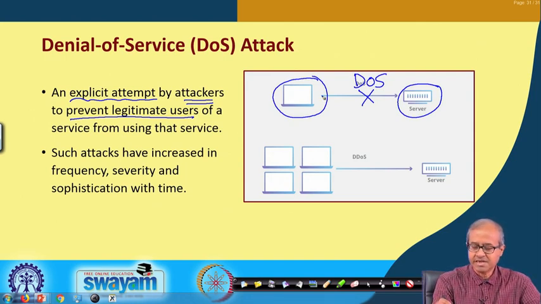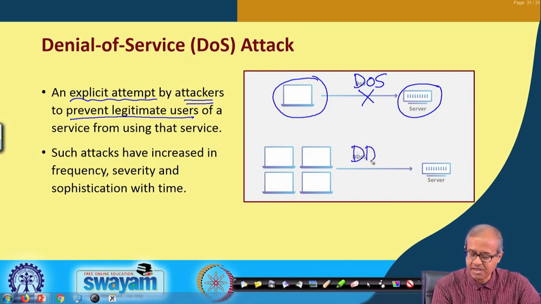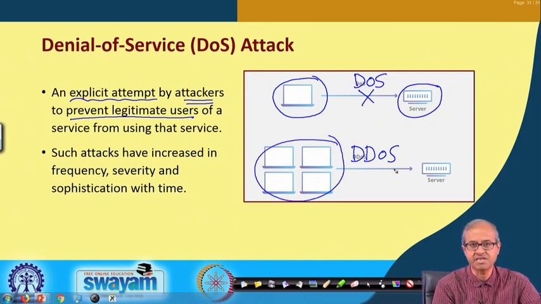Now, this kind of attack can be made more dangerous and effective by having some kind of distributed denial of service, which means not only one, but several computers can mount such an attack and can bring the server down.